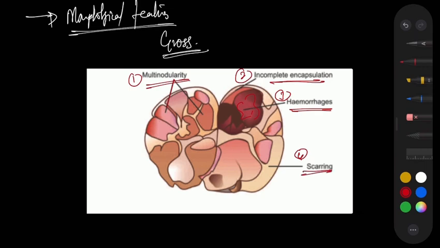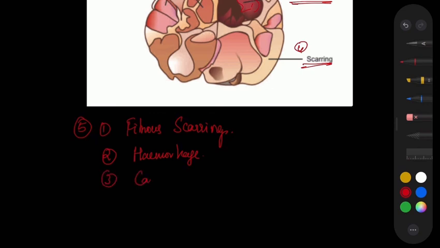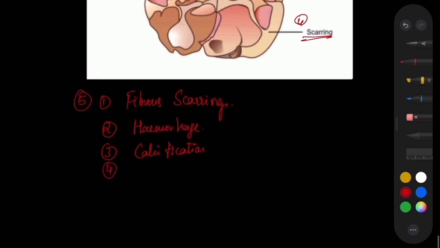And please do note this down, there are 5 cardinal signs grossly for your nodular goiter. Number 1 being fibrous scarring. Number 2, areas of hemorrhage. Number 3, calcification. Number 4, cystic degeneration, and nodularity.